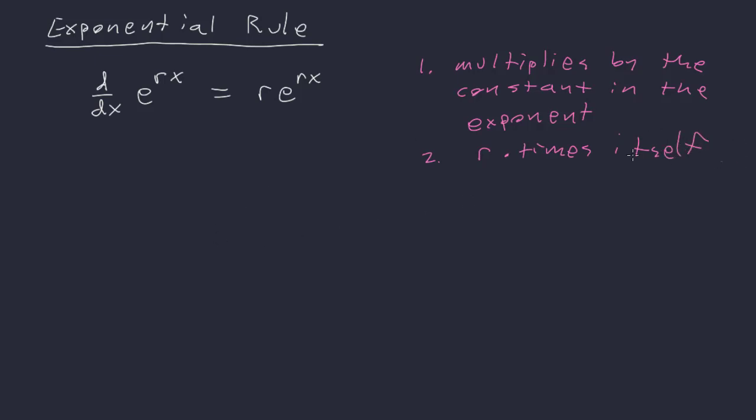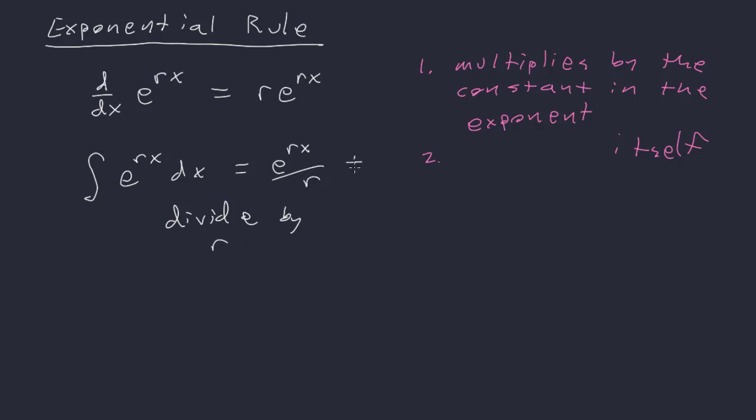Well, so the step 1 times itself, right? The itself part is going to stay the same when we go to the integral. So when we do the integral of e to the rx dx, we still get e to the stuff, right? But now, instead of multiplying by the r, we should divide by the r. Plus c.